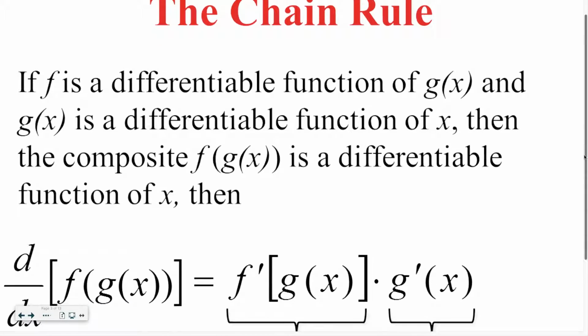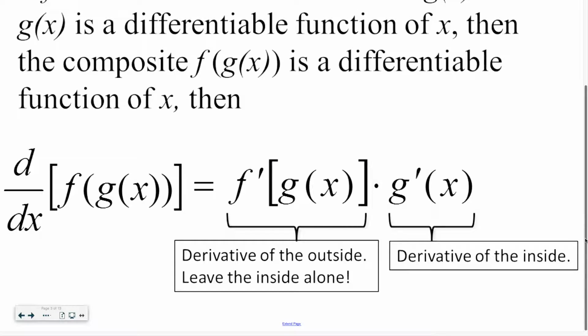And this, ladies and gentlemen, is our chain rule. Please write it down. I just don't think in your notes you need to write that f and g are both differentiable.